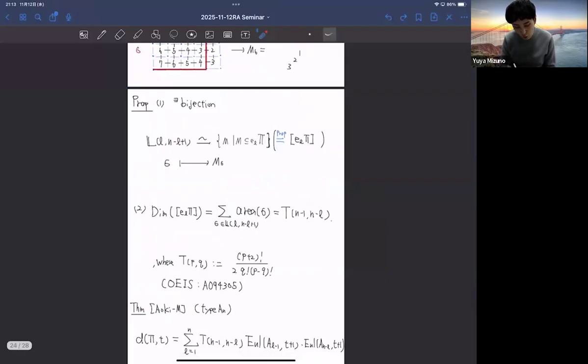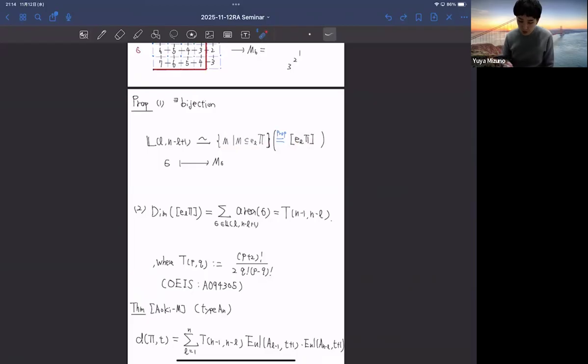So as a summary, we get the following bijection. For each lattice path, we get an indecomposable tau rigid module, which is a submodule of this indecomposable projective. And this is nothing but the equivalence class of this projective.